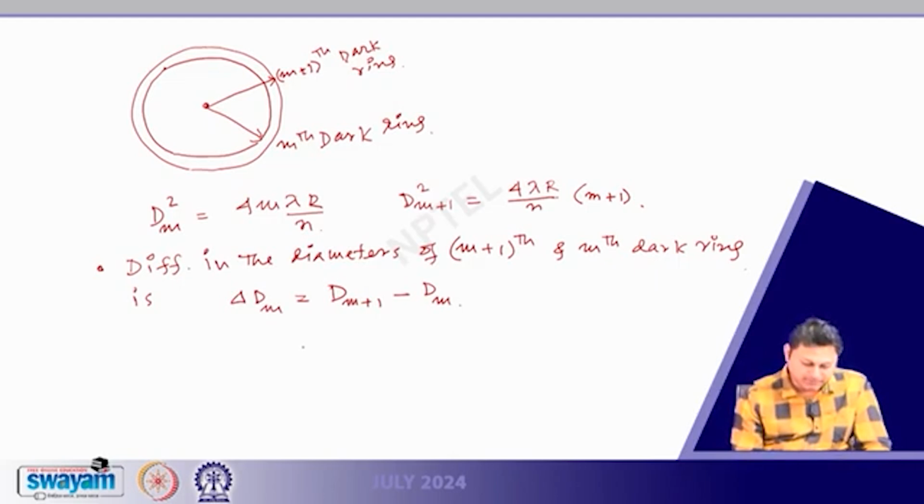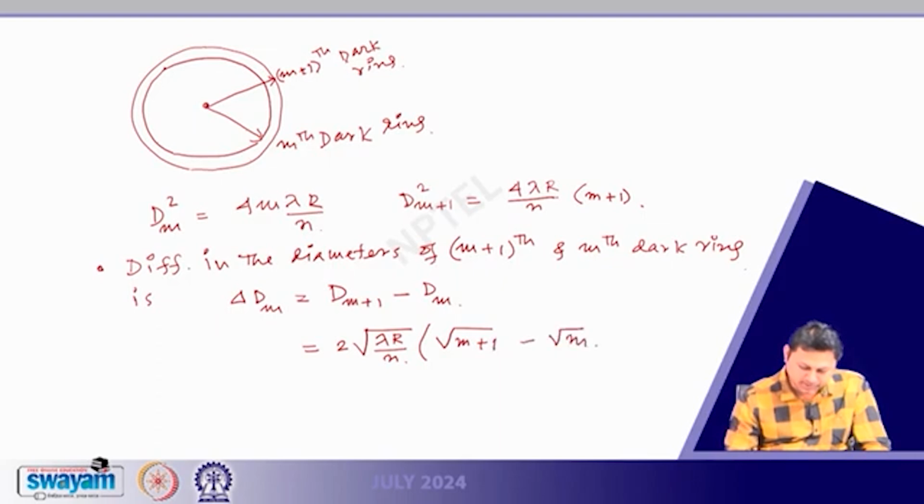So if I simply put this result here, then it should be 2 root over lambda r by n and then root over m plus 1 minus root over m.